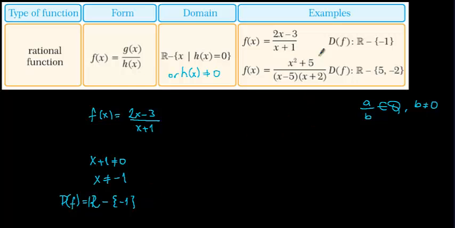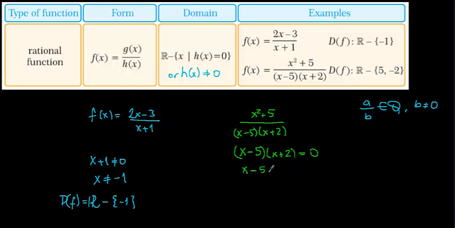Okay, for the second one, x squared plus 5 over x minus 5 times x plus 2. So for the denominator of the second one, we are going to use the same method. x minus 5 times x plus 2 cannot be equal to 0 here. It means that x minus 5 cannot be equal to 0 and x plus 2 cannot be equal to 0.